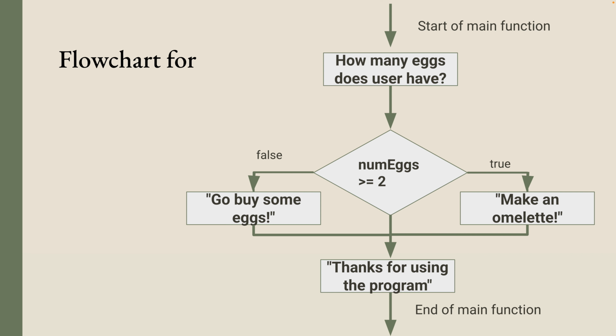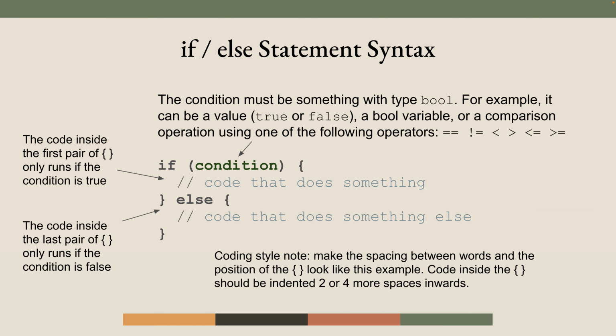So that's just for the if case. If we wanted to do something different for the false case, for example, in this eggs example, we said if we have at least 2 eggs, then we'll make an omelet. That's the true case. Else, the false case, we go and buy some eggs. So to represent this in code, we again start with the special keyword if.